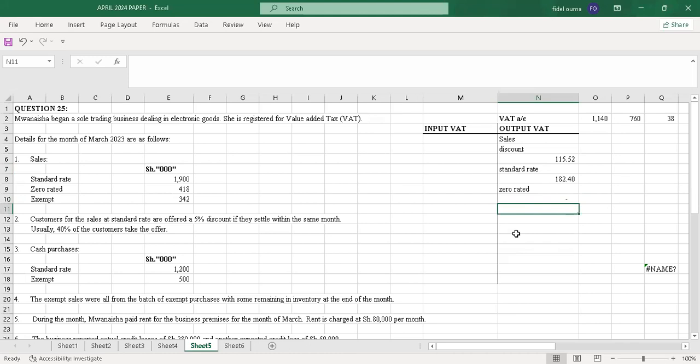Exempt means it has been exempted, so you don't charge VAT on it. Because we are still under sales, for exempt you just put a dash.